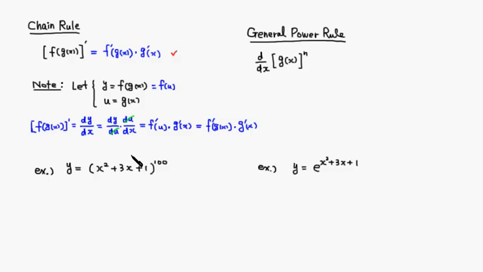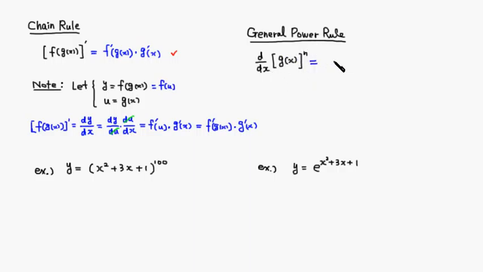So it checks out. There's a special case of this chain rule called the general power rule, when the outside function is a power function. If you want to take the derivative of g of x to the n, since the outside function is a power function, we just apply the power rule.